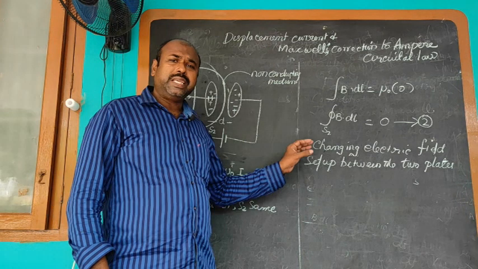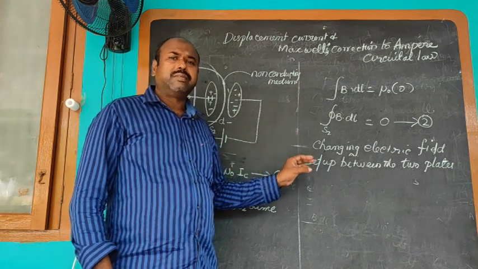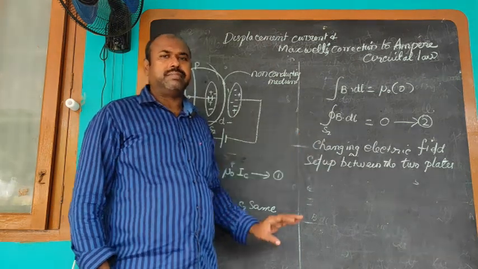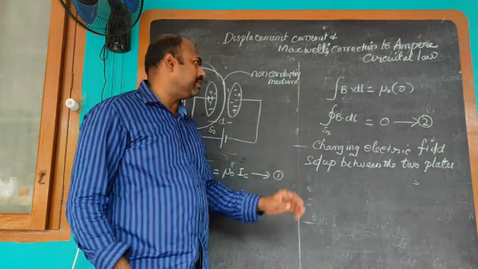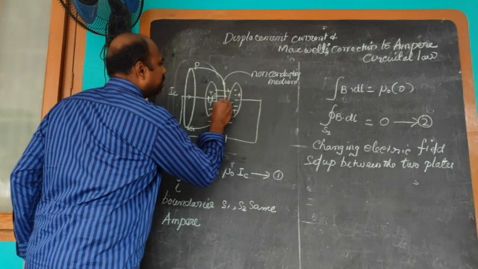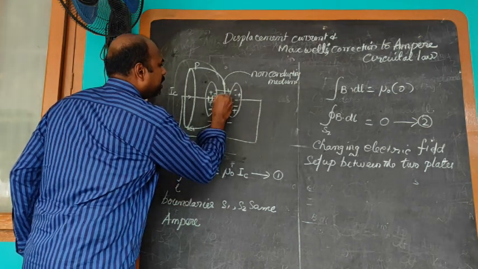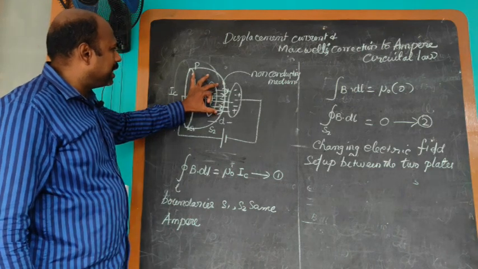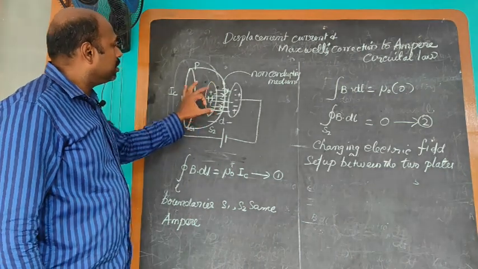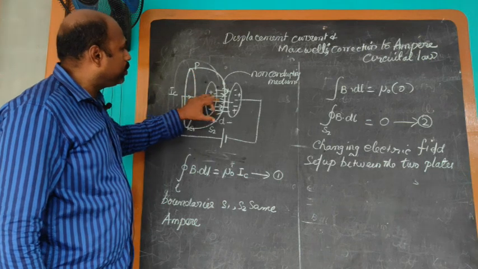There must be a current associated with the changing electric field. So this is a changing electric field, and there must be a current associated with it. Or this changing electric field produces current.